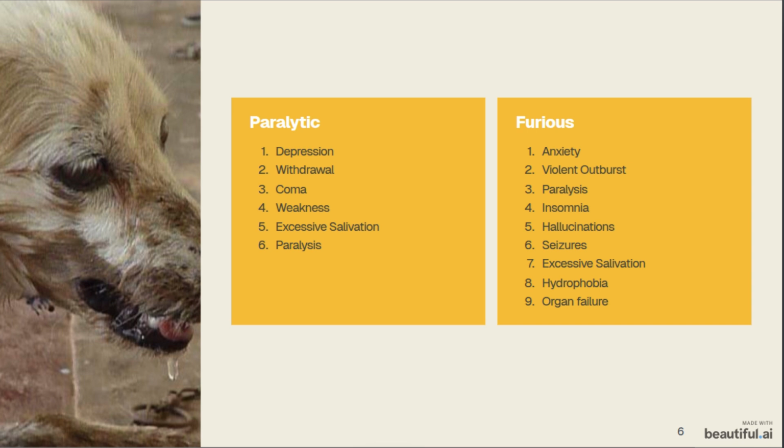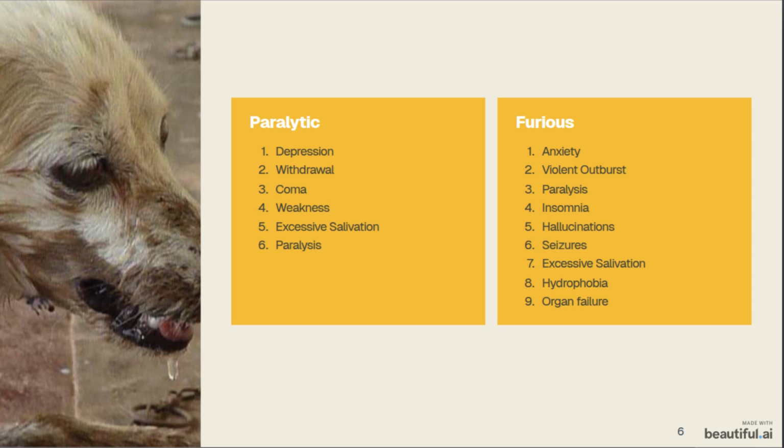Paralytic rabies is defined by partial or full paralysis, and it's seen as much calmer, so it can sometimes be mistaken as a different disease, and it typically ends in the person going into a coma and then dying, while furious rabies is defined by its violent outbursts and aggression.